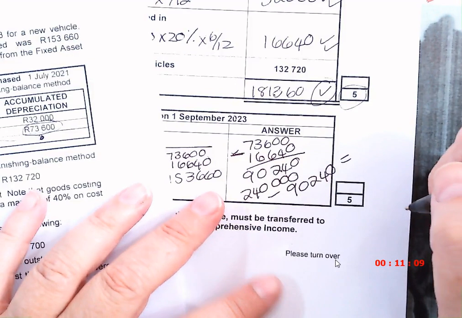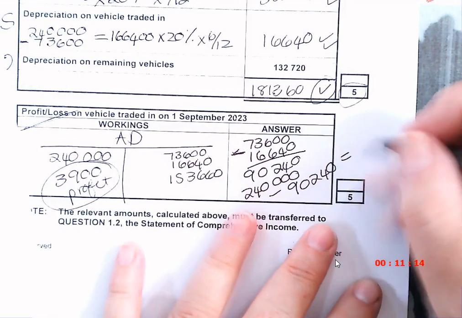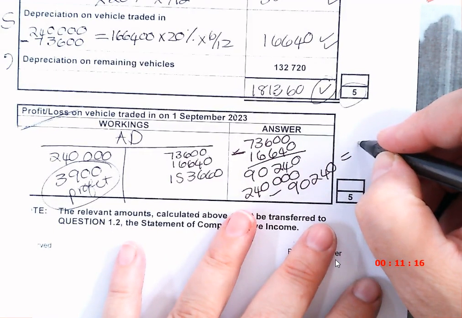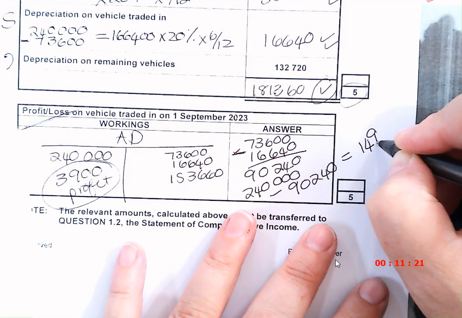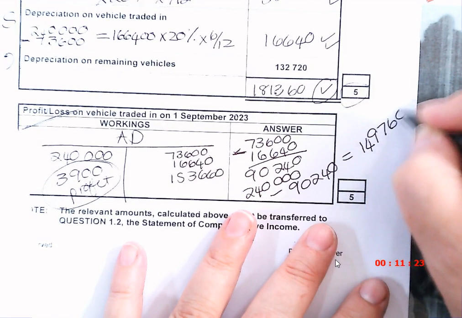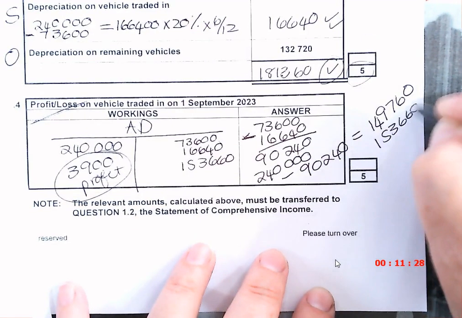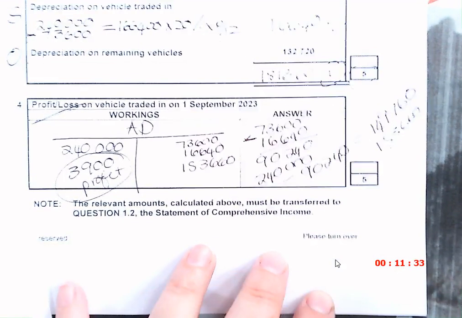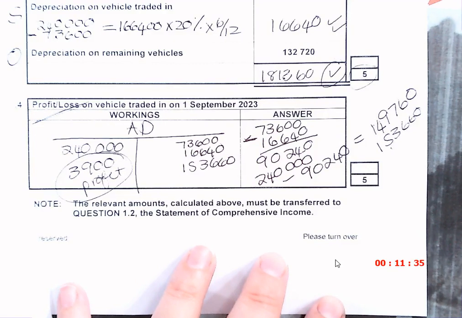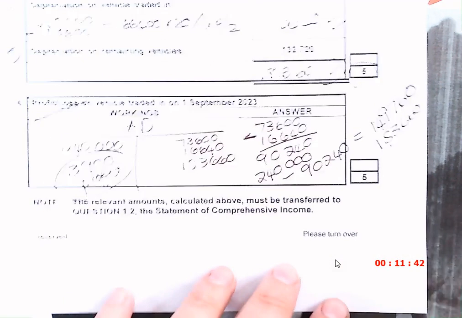Anybody? 149,760. Okay. And then I can see I got 153,660. I got more than what it's worth. So it's a profit. Isn't that what you did in the T account though? Exactly. It's just some people do it where they compare the carry value with the sales price.